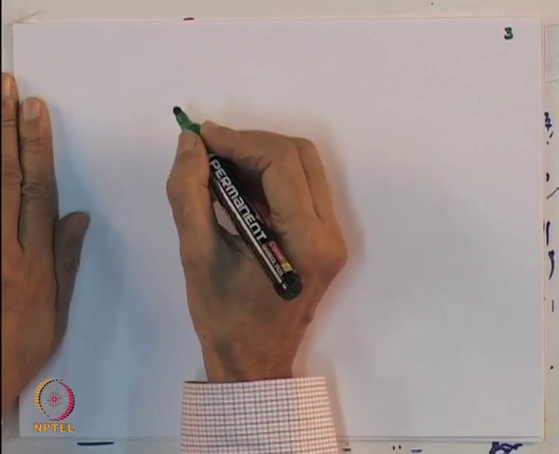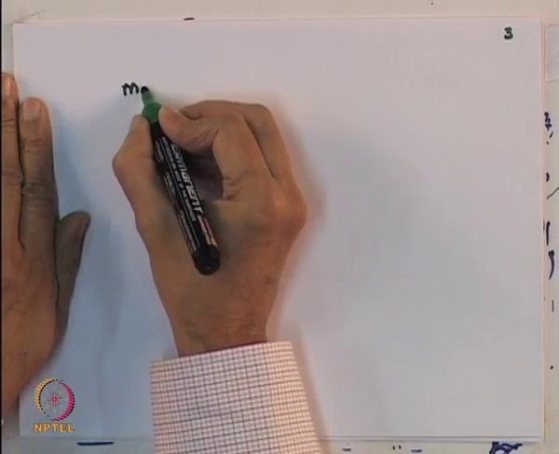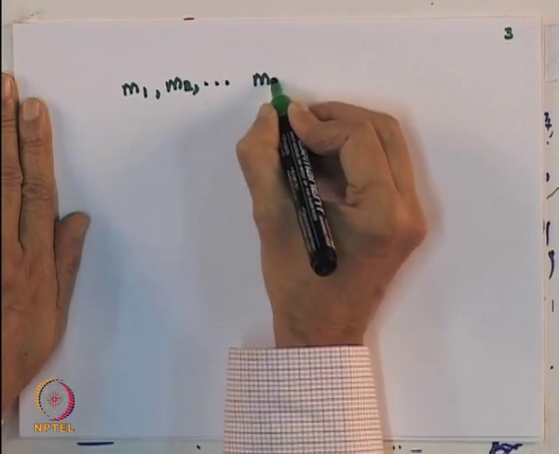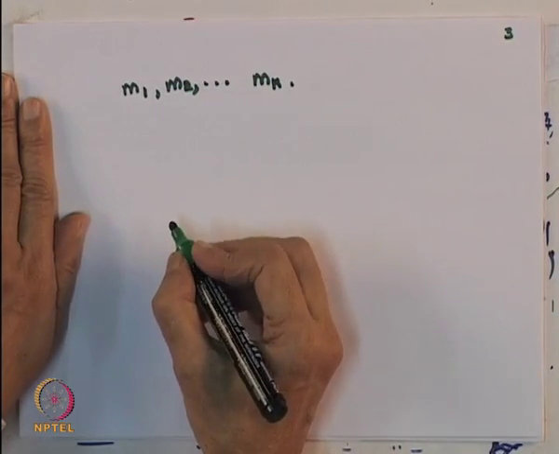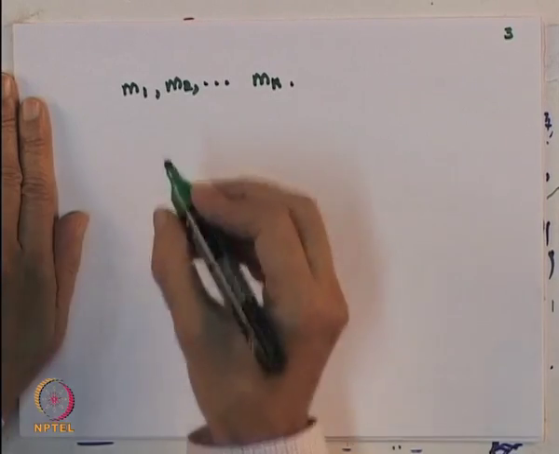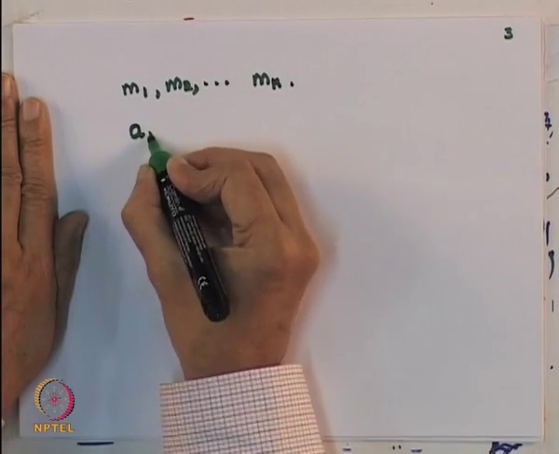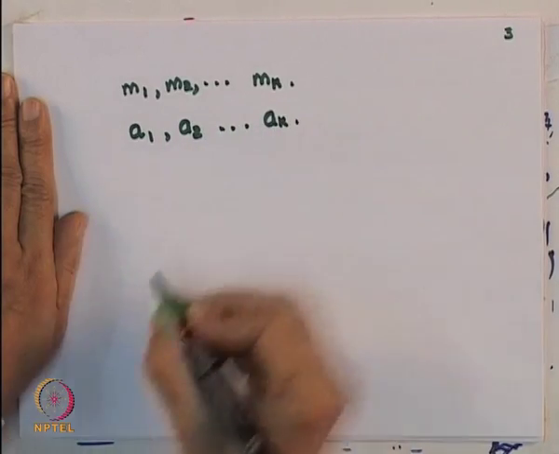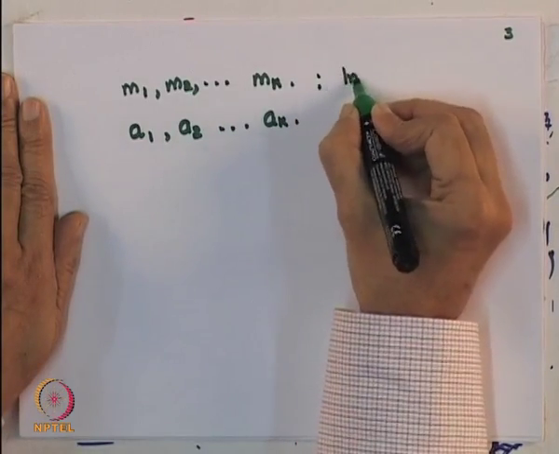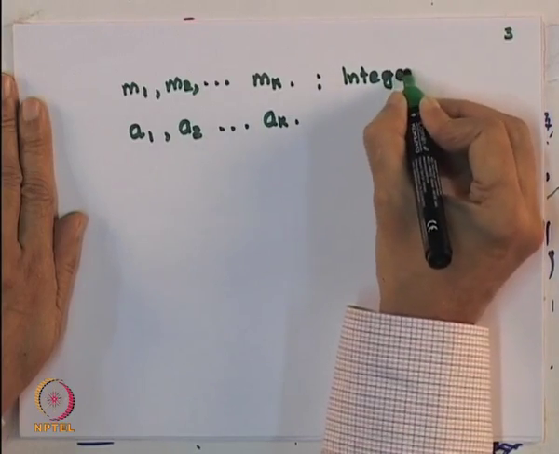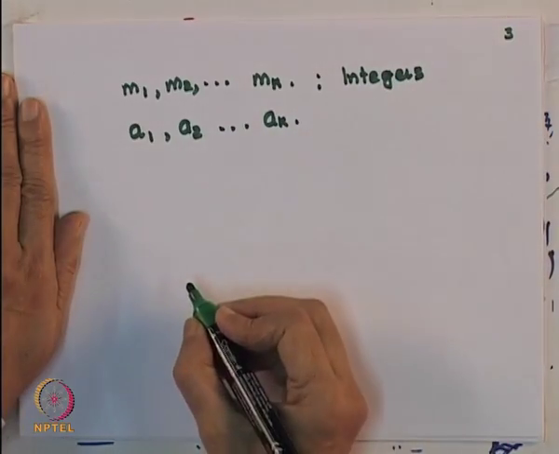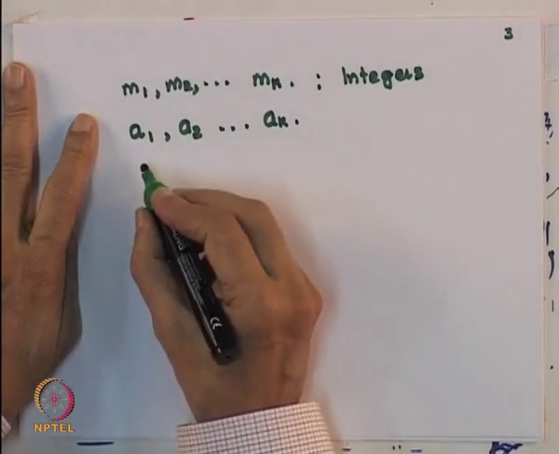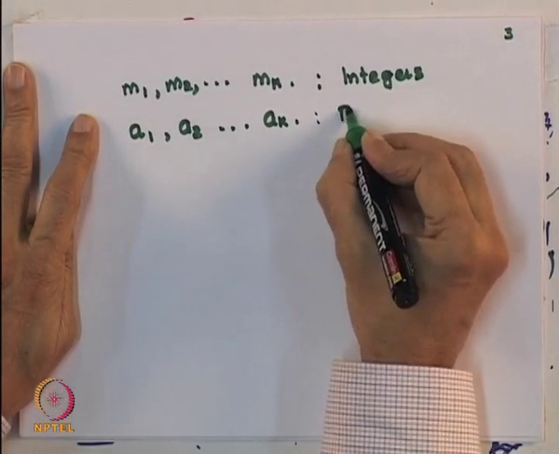Suppose I have a set of integers which are m1, m2 up to mk, and I have another set of k numbers which I will write as a1, a2 up to ak. So these are sets of integers. The condition on these ak's is that they are pairwise coprime.